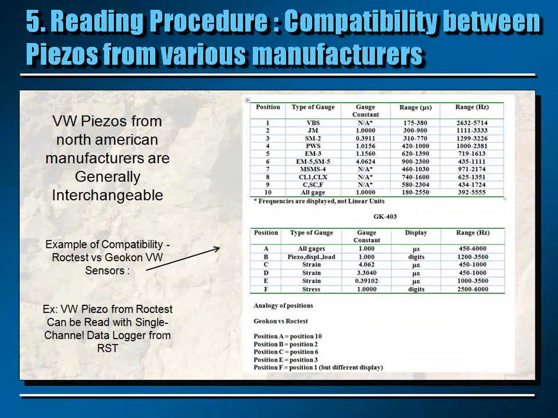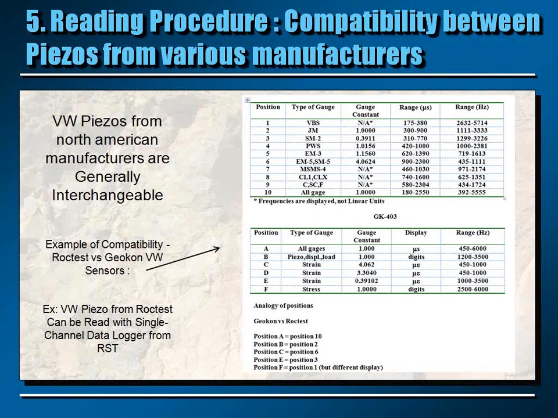This brings me to talk about the compatibility between piezometers from different manufacturers. It is good to know that most of the vibrating wire piezometers manufactured by North American manufacturers are compatible, or interchangeable.